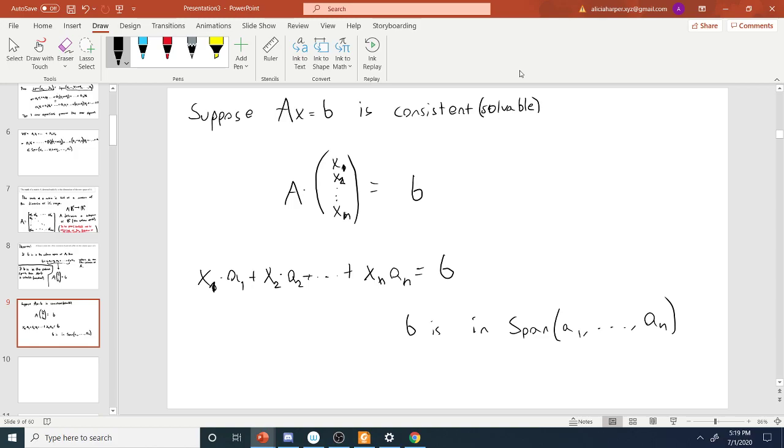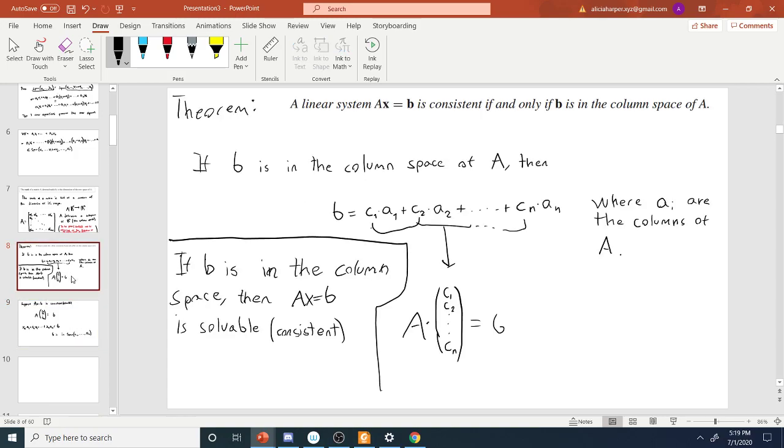So this shows the other direction, that if this system is solvable, then B has to be in the span of the columns, so it has to be in the column space. And so that proves this theorem.